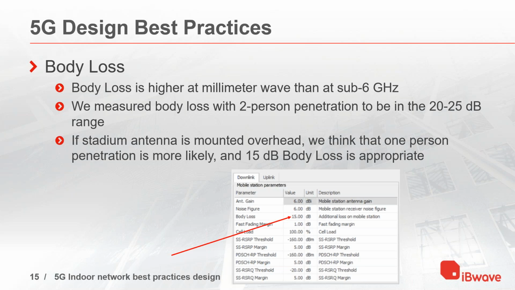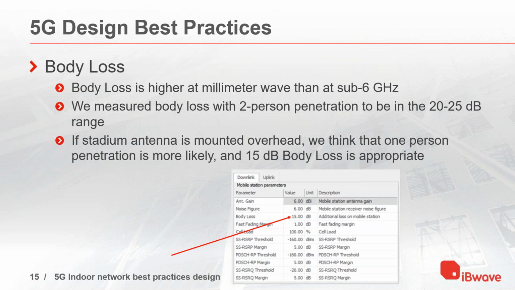I will touch on that subject a little bit later, but conceptually, at the lower frequencies we would put 3 dB loss, because the signal is going through your head. Here, at millimeter wave, you really are not going to be using that phone to talk to somebody. It is mostly going to be used for browsing and watching the movie, so it's going to be away from your head.